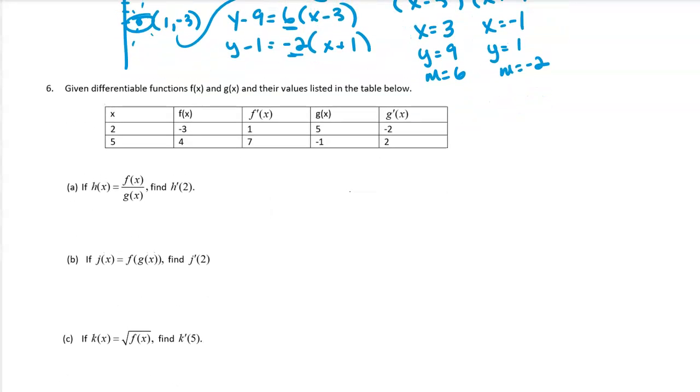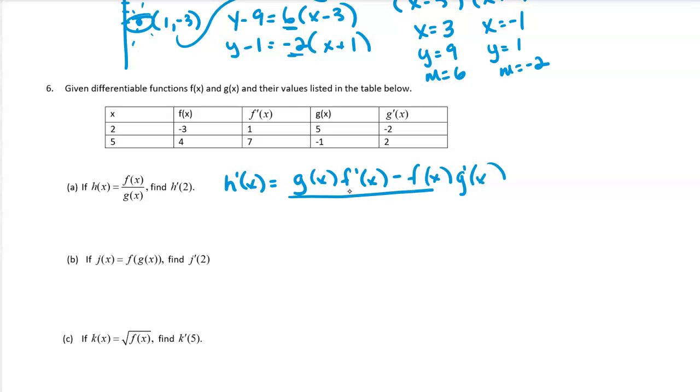H, J, and K were all very straightforward, but a little bit conceptual because I didn't give you functions. So I'm just testing quotient rule. So H prime of x is low d high minus high d low over the square of what's below. And so you always need to do that first and then put the values in.